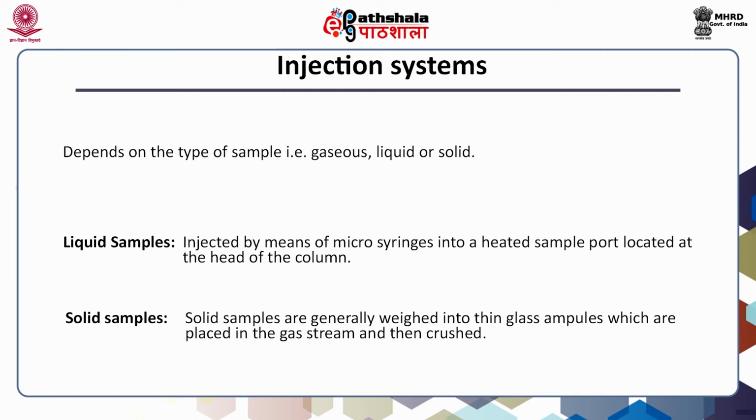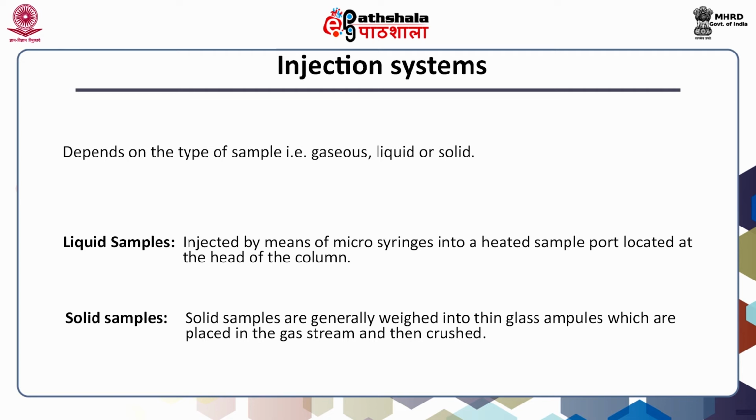For example, in case of fatty acids, methyl esters are made to make them more volatile, so that they are easily converted into vapor, because the requirement in GLC is that they should be quickly converted into vapors, then only the resolving of the components will be very efficient.